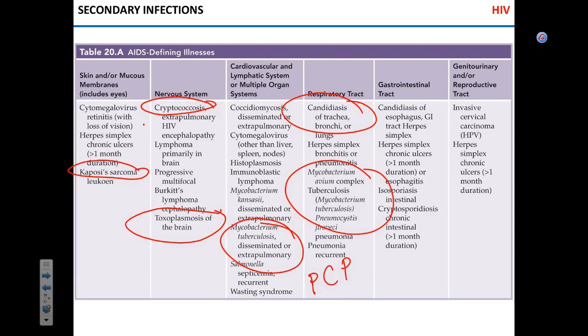GI tract, Cryptosporidium parvum, terrible disease. It's caused by the protozoan Cryptosporidium parvum, causing chronic diarrhea. Cannot be cured in AIDS patients.